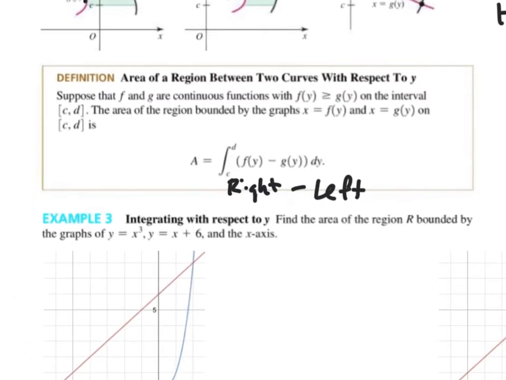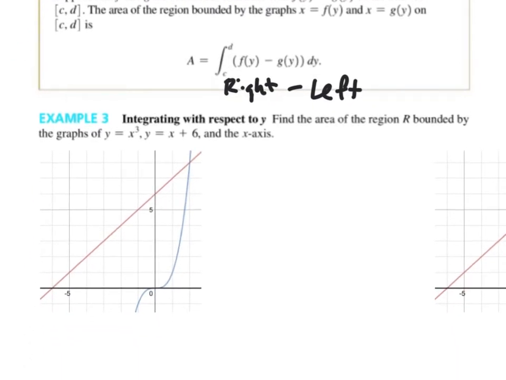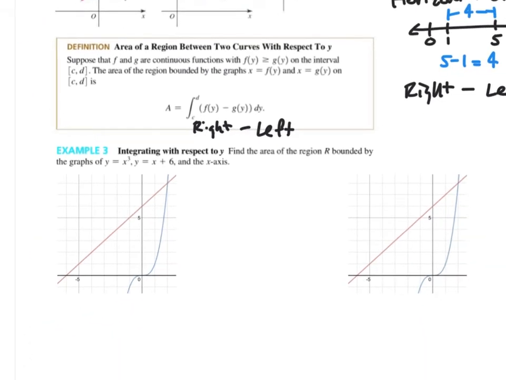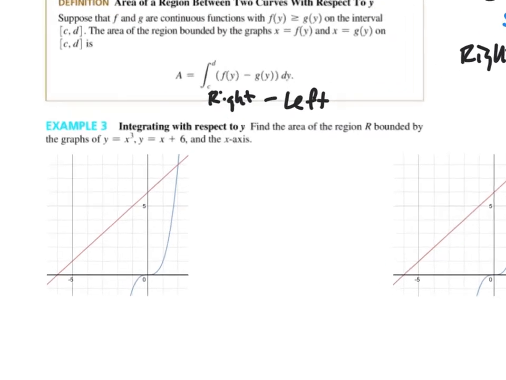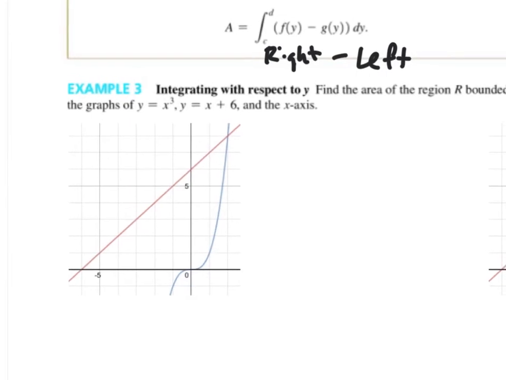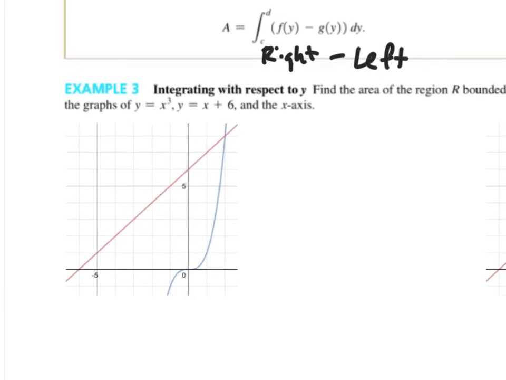If I come down over here to example 3, notice that I've got two graphs there. We can do this using two different methods. The first method that I want to do: we have the graph of y equals x cubed, that's this blue graph over here, and then we have y equals x plus 6, and this is the graph of x plus 6.